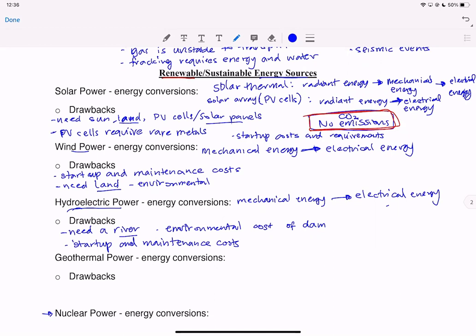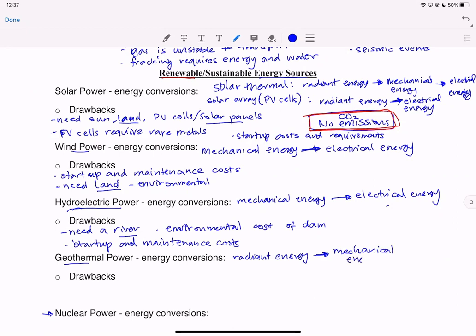And so this is the last one, geothermal. So geothermal, harnessing heat from the Earth's core. Geothermal means earth heat. And this is basically taking that heat, which is radiant energy, and this time boiling water using that radiant energy without a reaction.